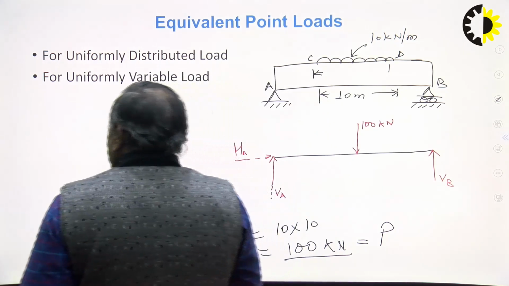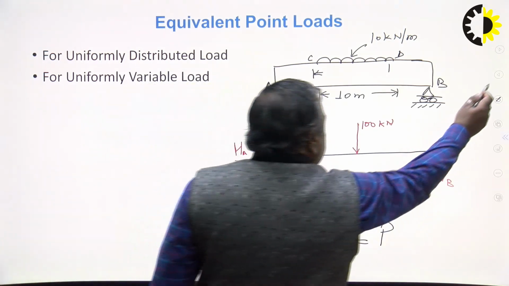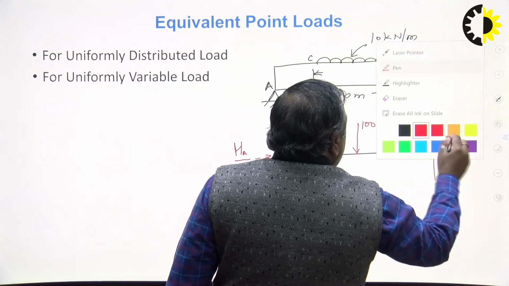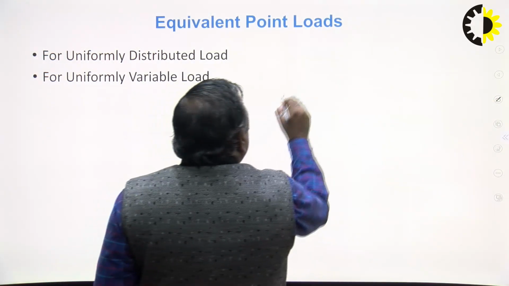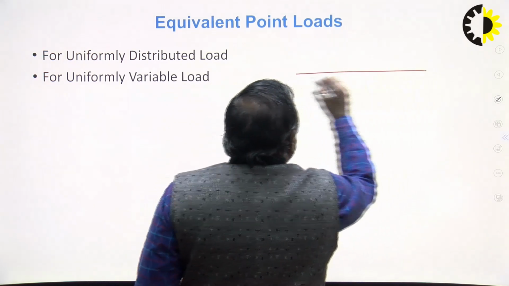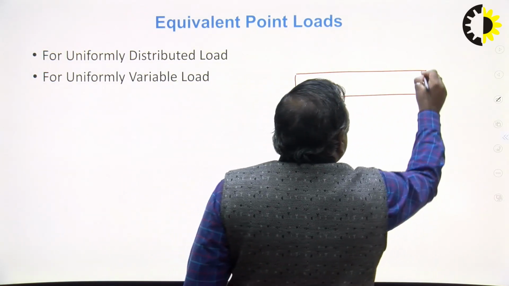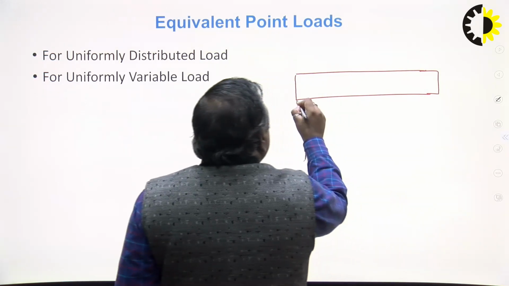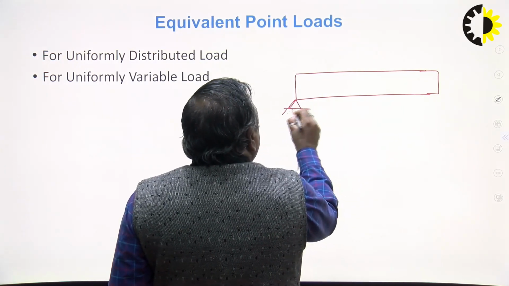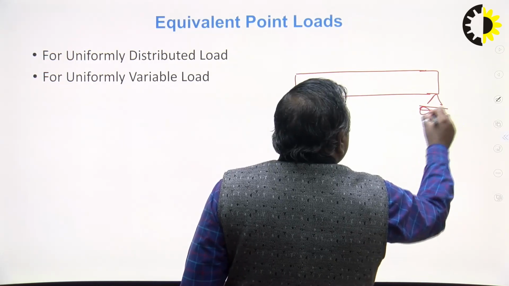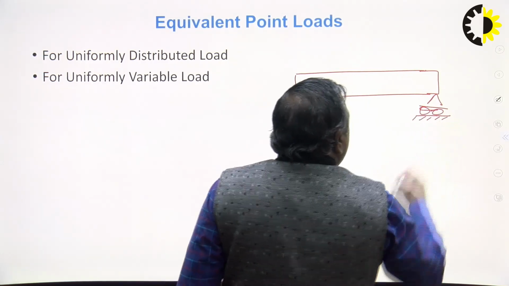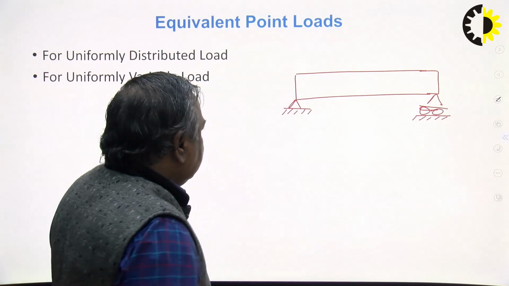Now come to the uniformly variable load. This is a beam. I repeat, I am using a simply supported beam for the sake of simplicity.